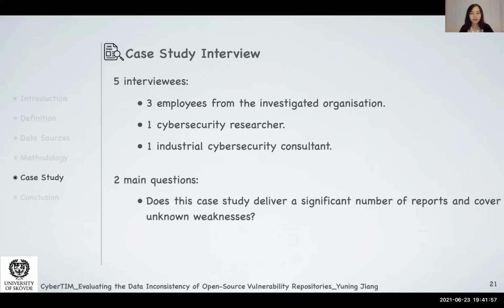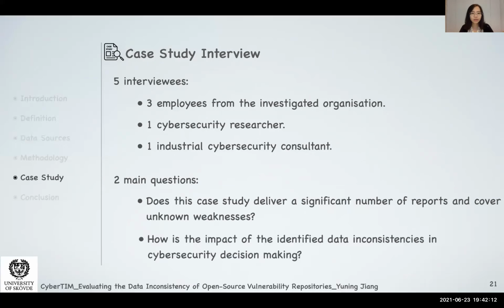First, does this case study deliver a significant number of reports for the investigated system and cover unknown weaknesses that fill the gap of vulnerability management? The second question is, what is the impact of the identified data inconsistencies on cybersecurity decision-making, especially if the vulnerability analysis results can be misleading in patching priority?